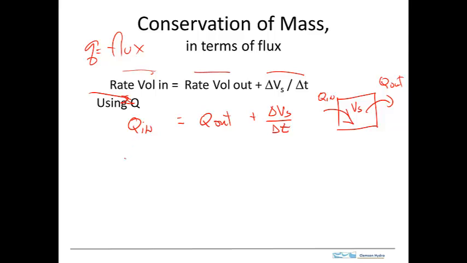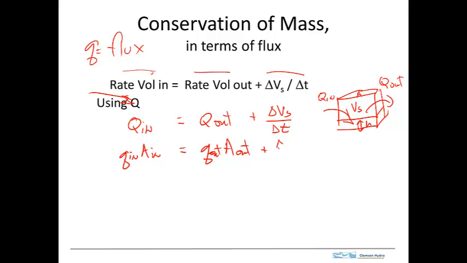So I could write this like this: q in times the area in equals the flux out times the area out plus, let's just say conceptually that the volume stored in here is some depth of water, H, times some cross-sectional area.